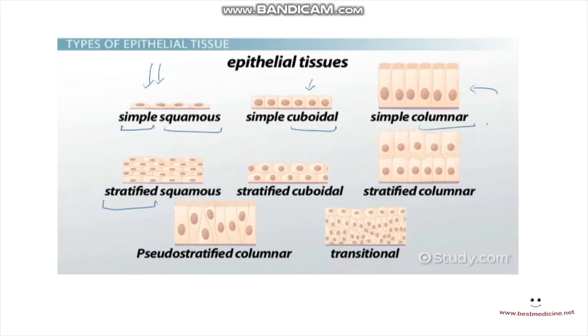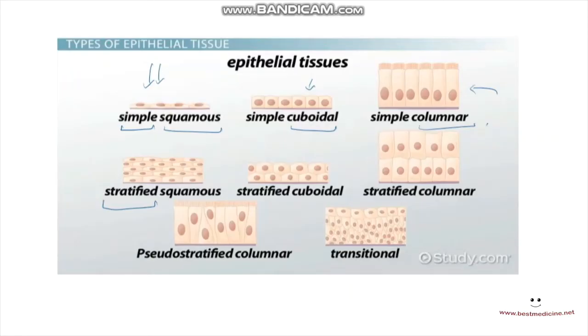So a single layer of flattened cells is called simple squamous epithelium, a single layer of cuboidal cells is called simple cuboidal epithelium, and a single layer of large column-like cells is called simple columnar epithelium.